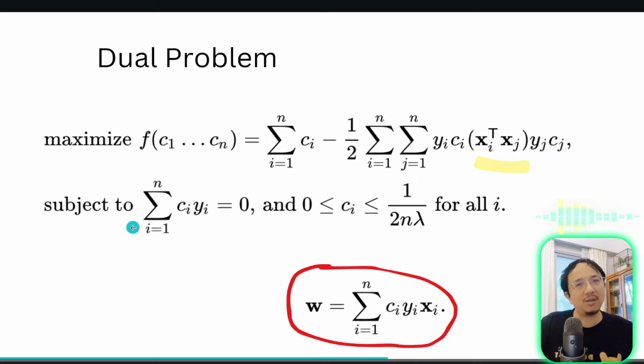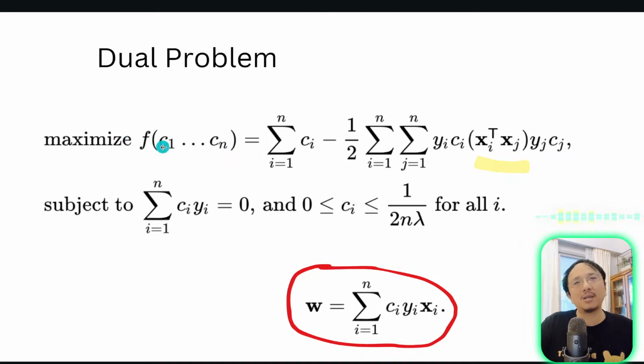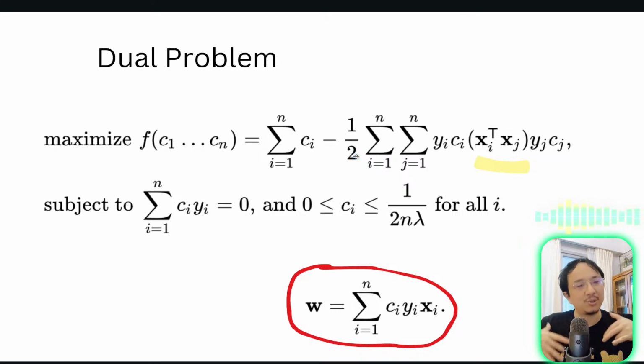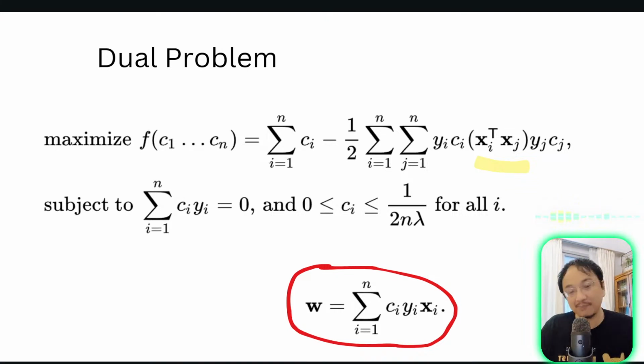Surely we can solve the optimization problem to find the c_1, c_2, ..., c_n that we want. And by the way, c_1, c_2, ..., c_n is finite because our dataset is finite. We don't need to worry about the dimension. If you do the primal, then you have to worry about dimension, because suppose you are mapping into the infinite dimension space, then you will have infinitely many parameters you need to optimize.